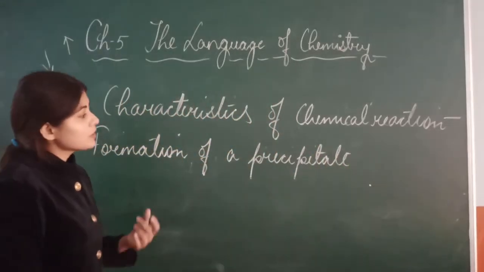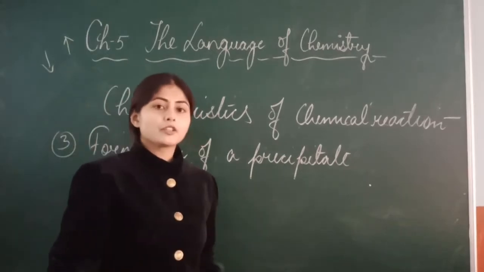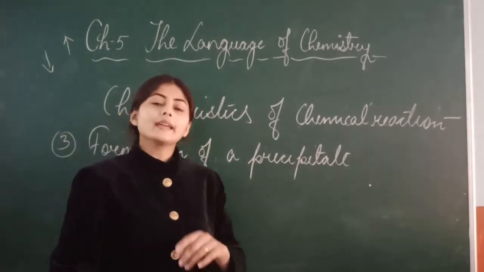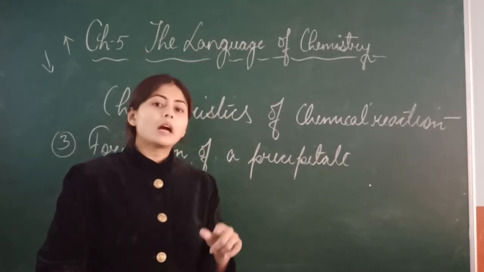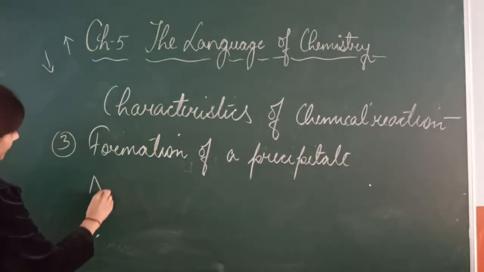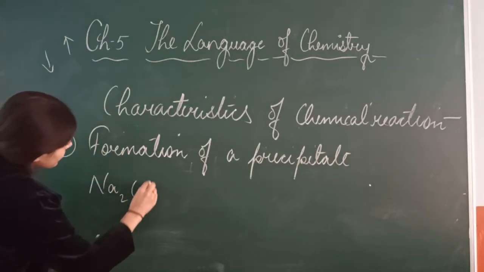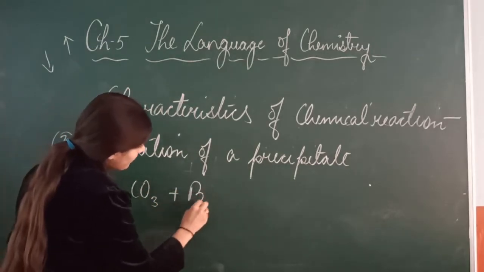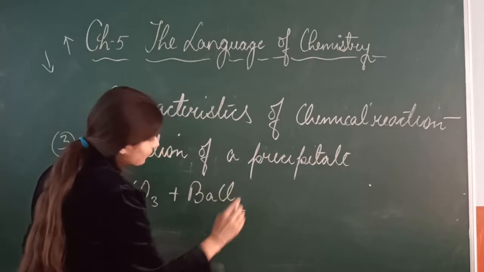In many chemical reactions, a precipitate is formed. For example, sodium carbonate, Na2CO3, reacting with barium chloride, BaCl2.